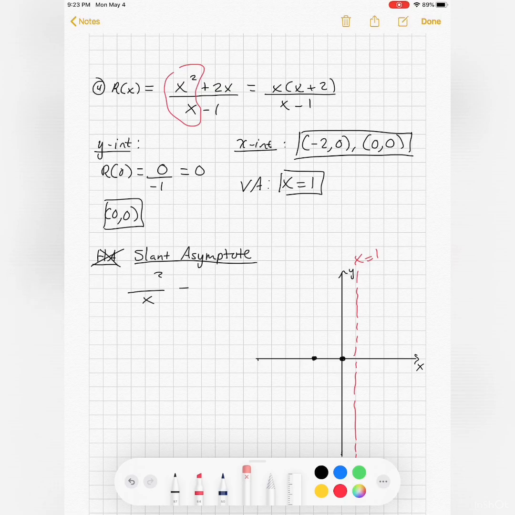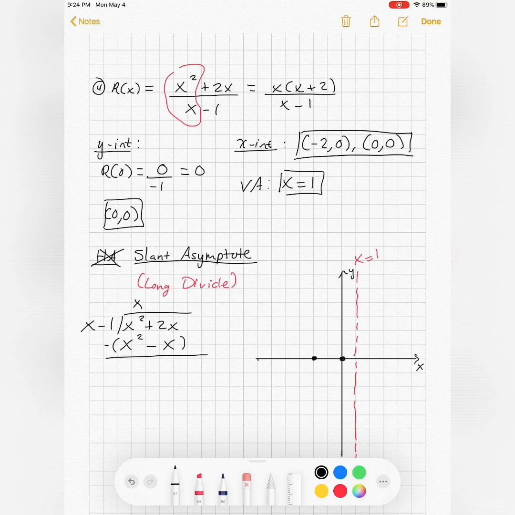So in order to find the equation of that slanted asymptote, what I actually have to do is, again, a long division. Okay? It's an easy one again, but nonetheless, let's see, it'll be x, 3x plus 3, 3x minus 3, the remainder is 3.